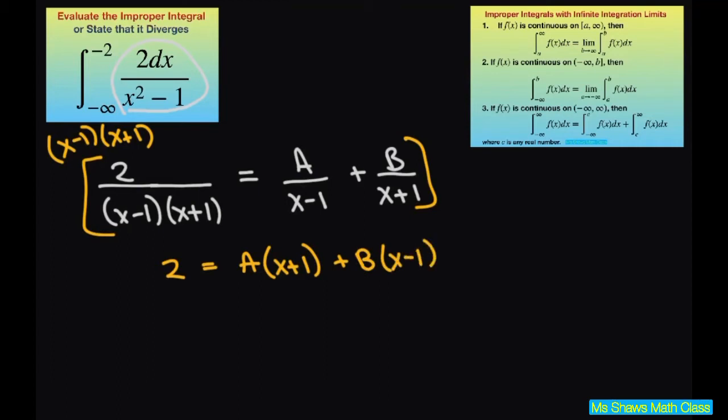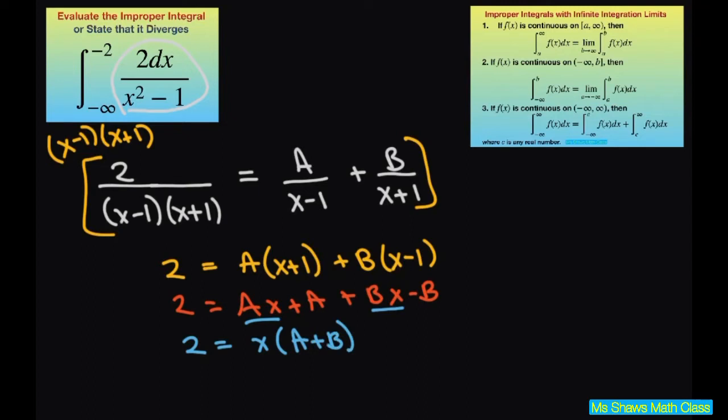Simplifying, we get 2 equals ax plus a plus bx minus b. We factor out an x, and we get a plus b times x, plus a minus b.